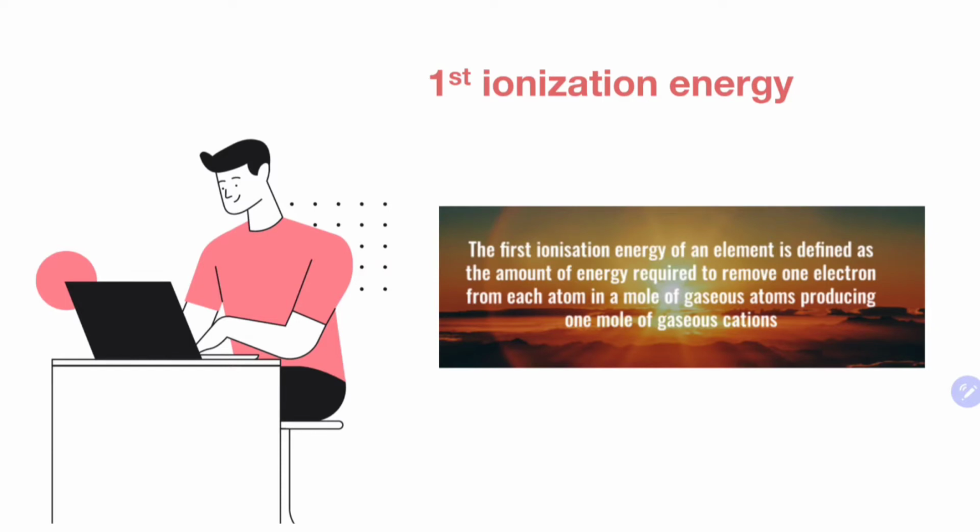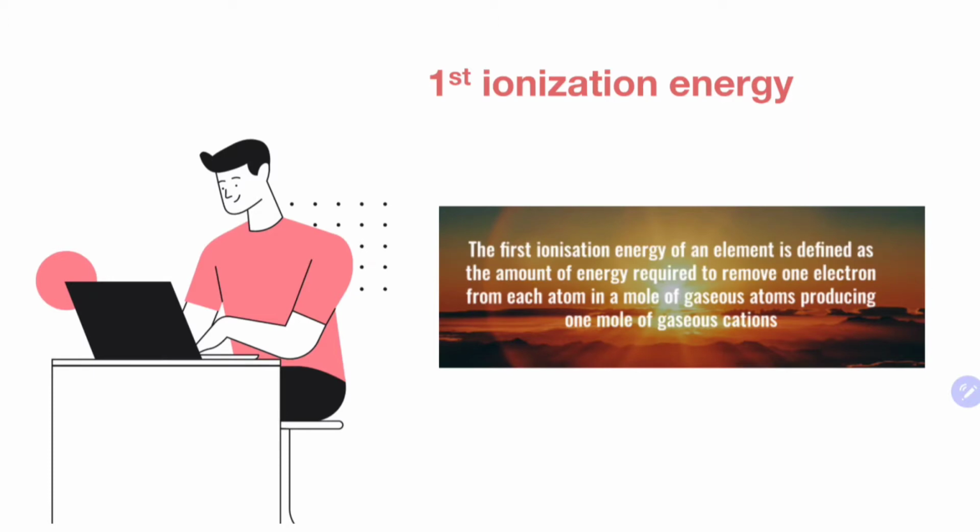The successive ionization energy: the first is the energy that the atom needs to release one electron from a neutral atom to form a positive one ion. Then here you have the first ionization energy.